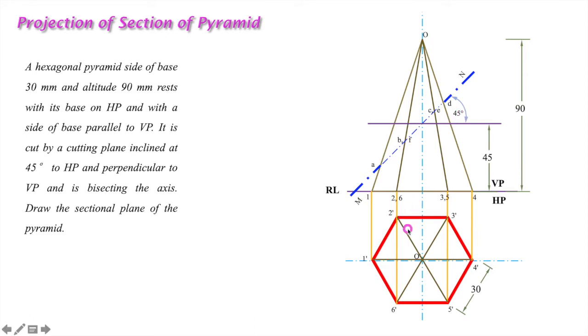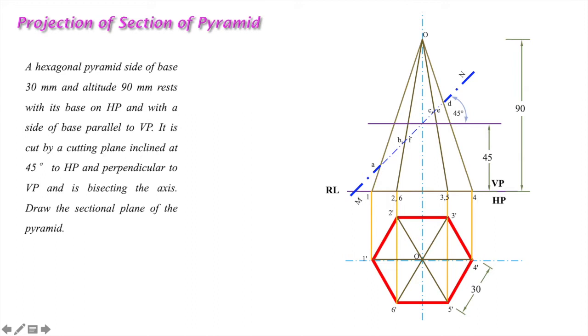Here also we are getting these cutting points, and these are the slant sides 1O, 2O, 3 dash O, 4 dash O dash, 5 dash O dash, these O dash points. So these are the slant sides. After cutting, the cutting points should lie here also in the top view.